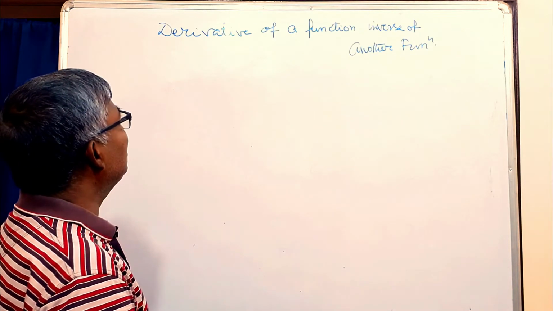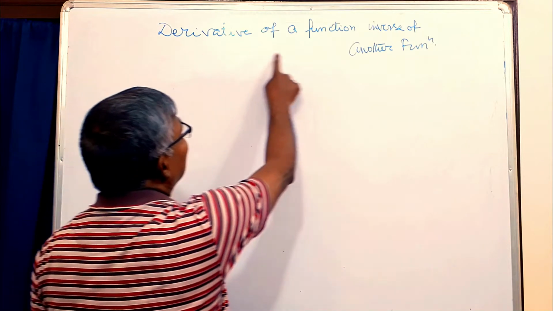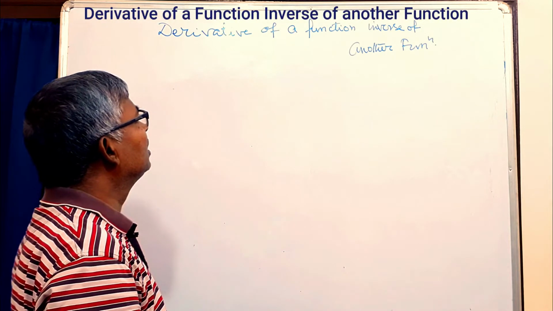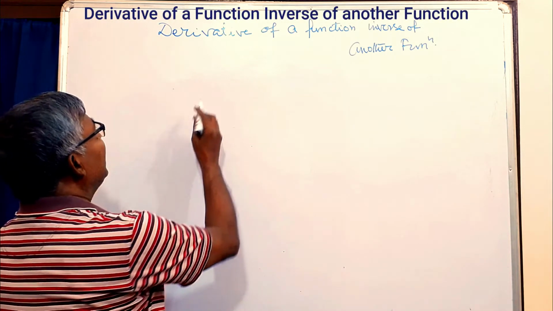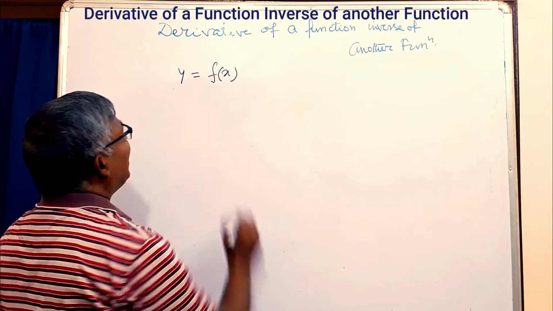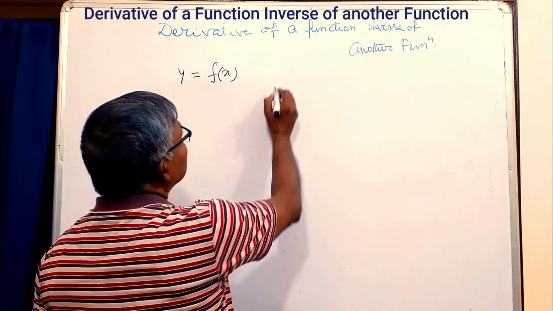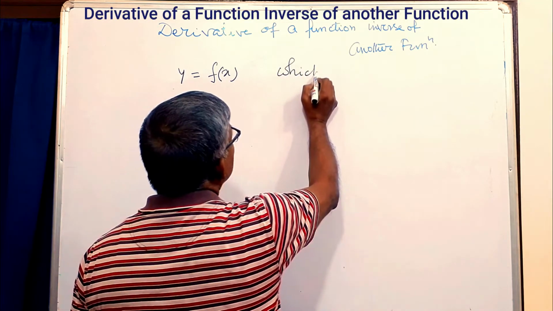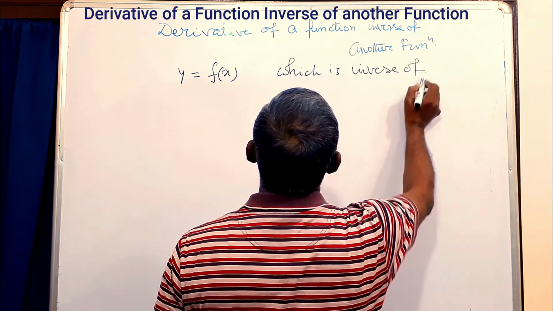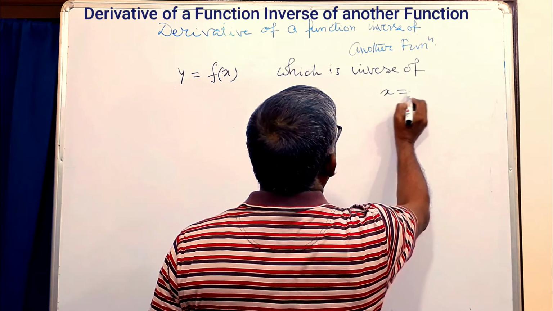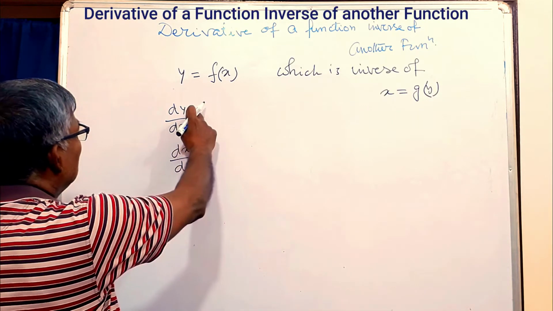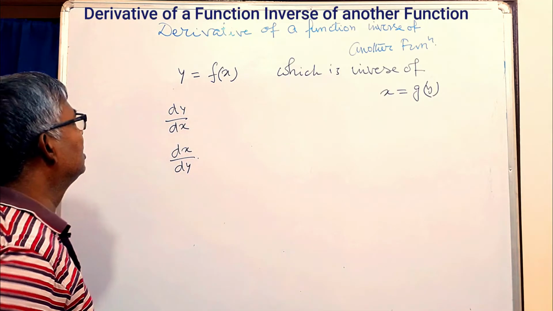Now let us find out the derivative of a function that is the inverse of another function. Students, let y equal to f(x) be a function which is the inverse of x equal to g(y). We have to find out the relation of these two.